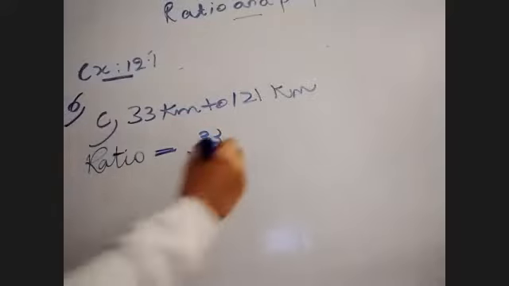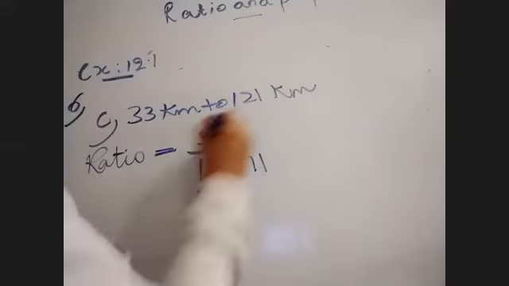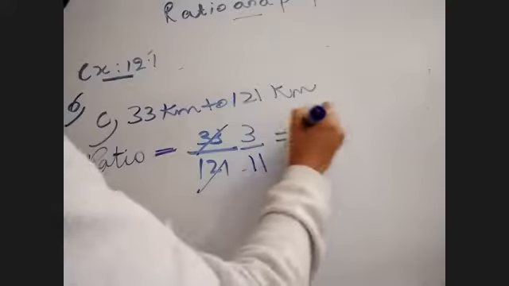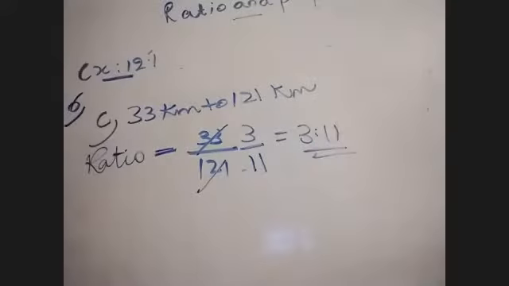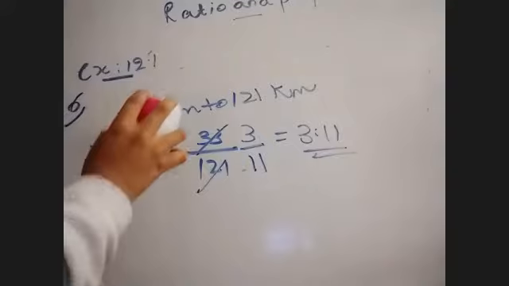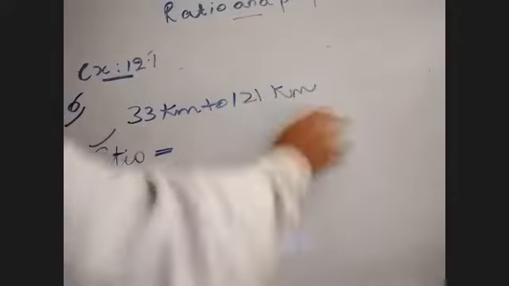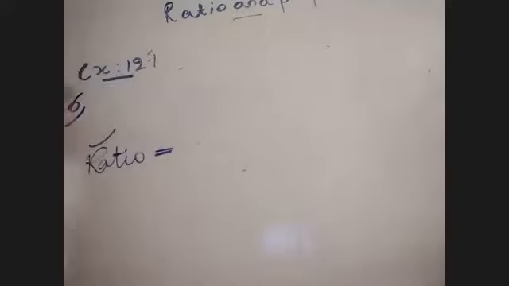It's divisible by 11: 11 threes are 33 and 11 elevens are 121. So the answer is 3 by 11. This one was very easy, right? This is the easiest of all, because you only have to identify the answer.